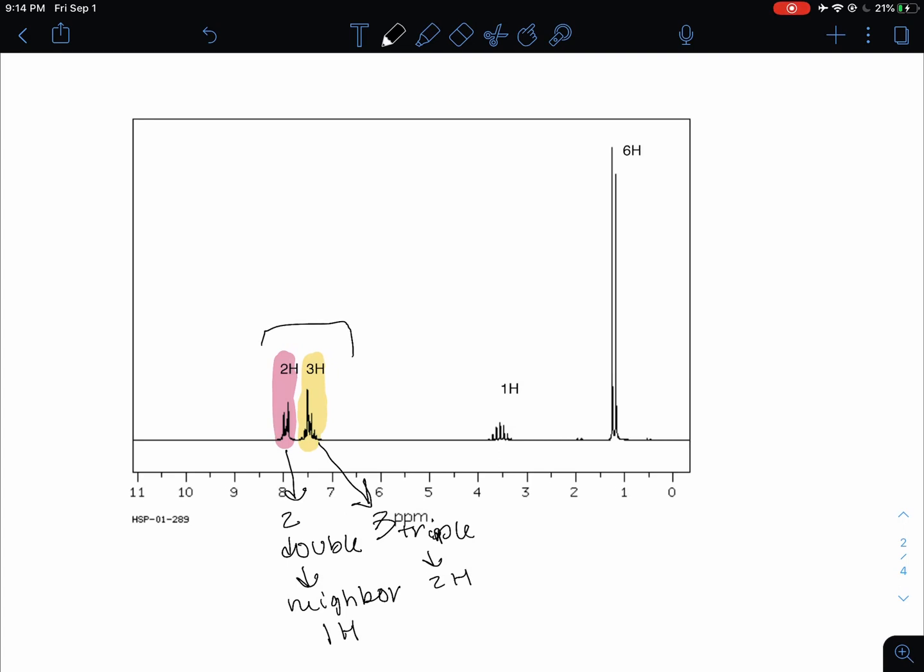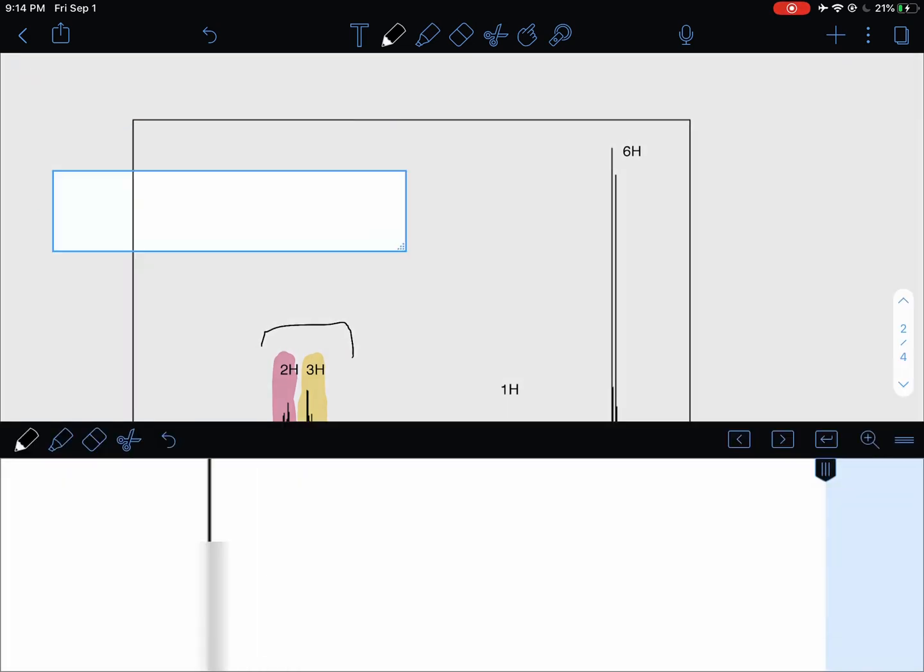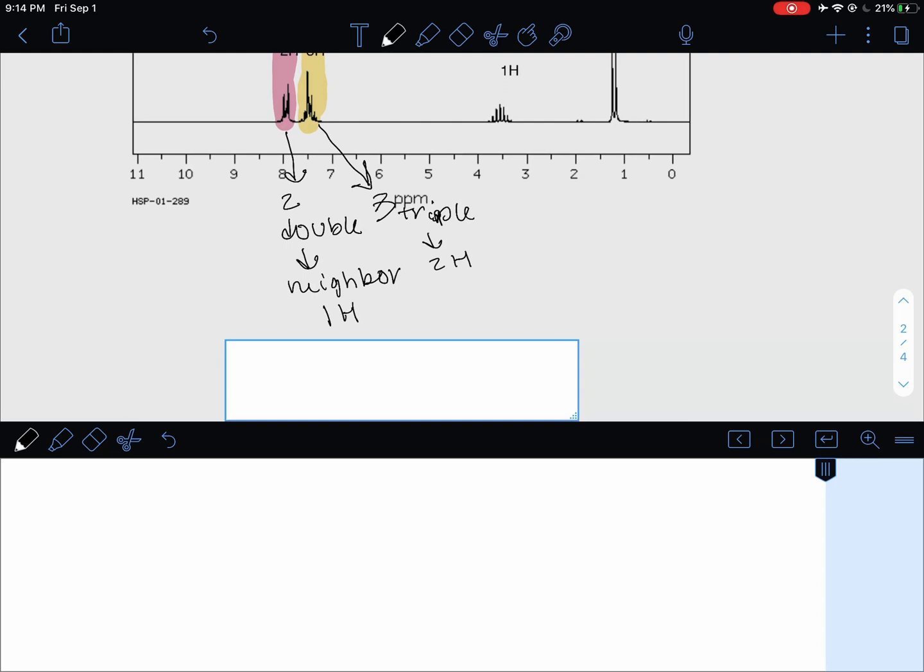This value right here is typical for our ring that we have. Because we know 1 will have to have some other group on it, we will have 5 hydrogens here.